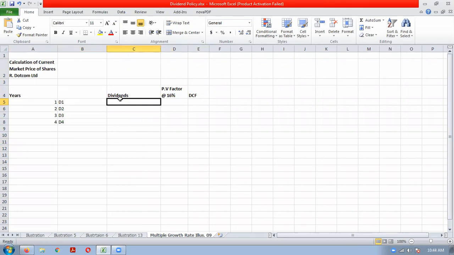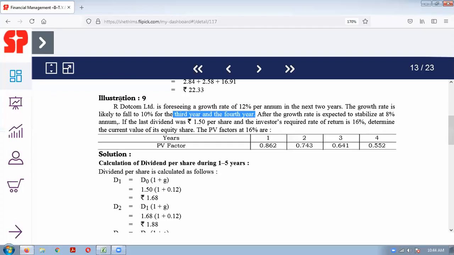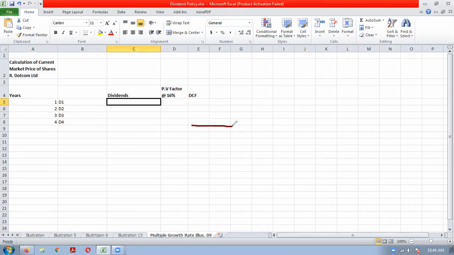So D1, how can we calculate? D1 will be calculated on the basis of D0. D0 is given in our question. D0 is 1.50 per share. That is the 0th year, D0 is 1.5 rupees.